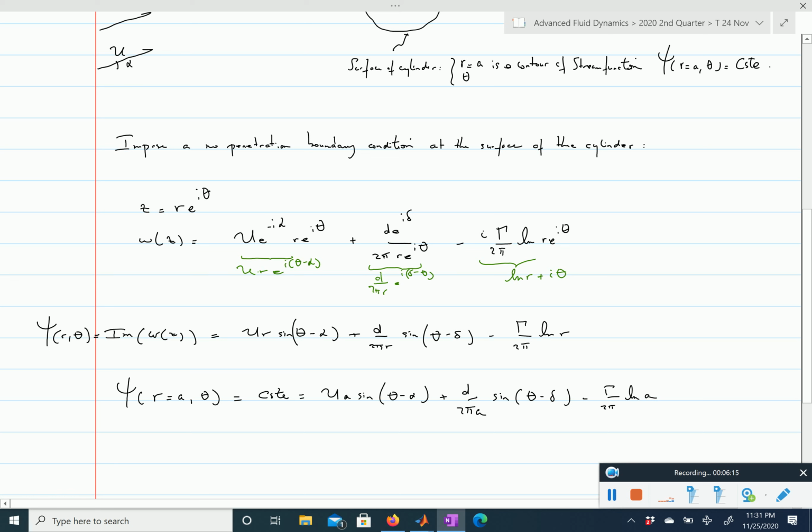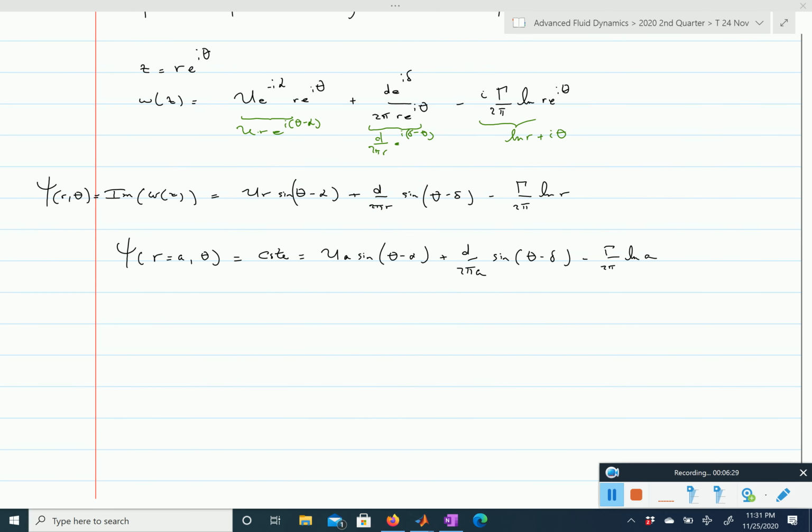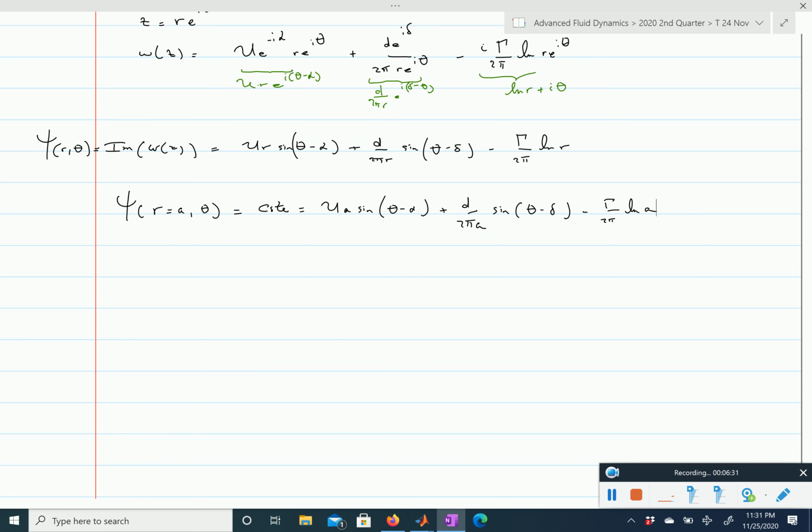If this has to be a constant, note that the gamma term is already a constant, and that tells you that regardless of the circulation that you impose, the cylinder will be a contour, provided that the other two terms cancel. So we have to make sure that the sum of these two terms is going to be equal to a constant.